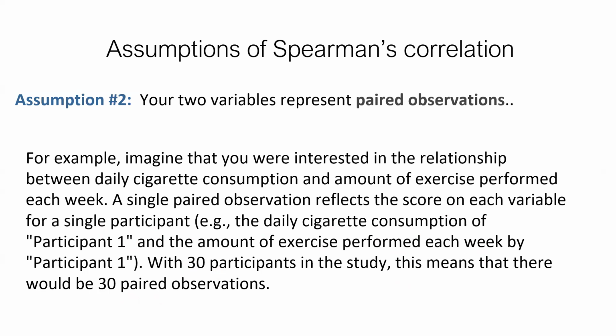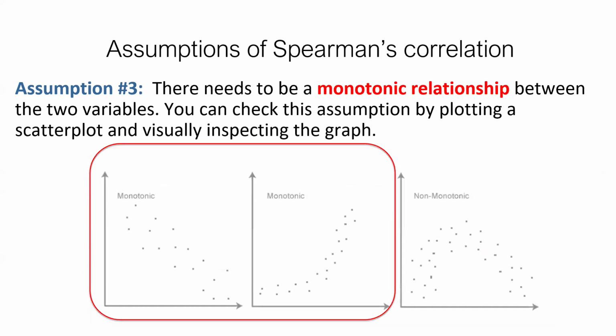Now, the third assumption is that there needs to be a monotonic relationship between the two variables, and you can check this assumption by plotting a scatter plot and visually inspecting the graph. In the first part of our discussion for this module involving Pearson correlation, we were presented with the following figures.